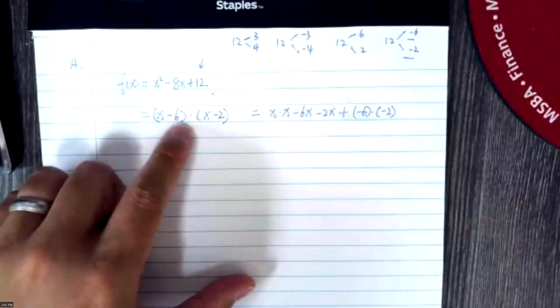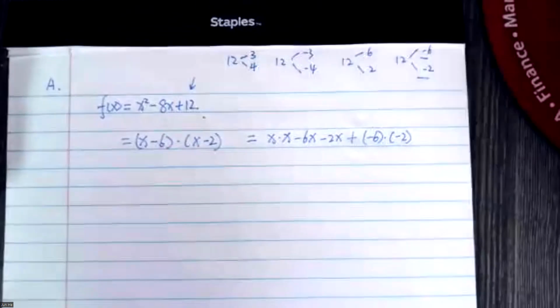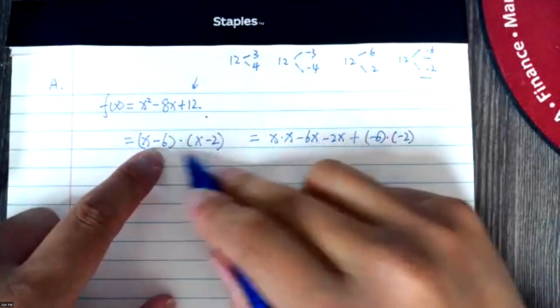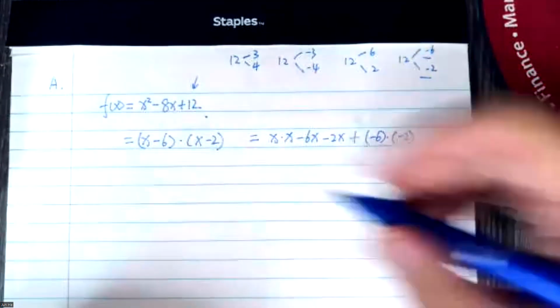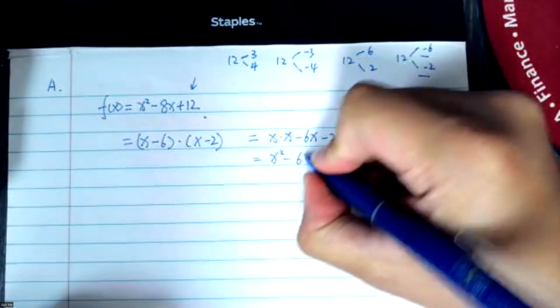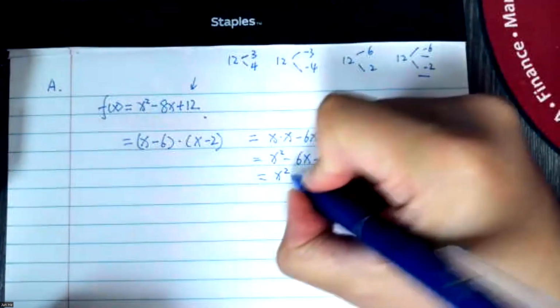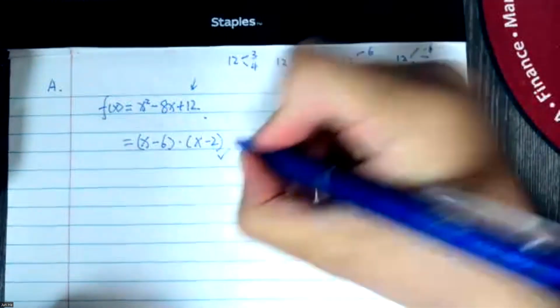So what we are doing is we are expanding: x by x, minus 6 by x, x by minus 2, and minus 6 by minus 2. The result is x squared minus 6x minus 2x plus 12, which is x squared minus 8x plus 12. So this FOIL is correct.